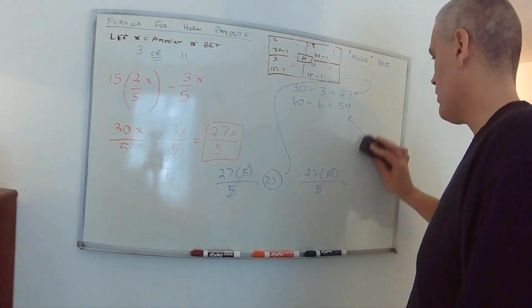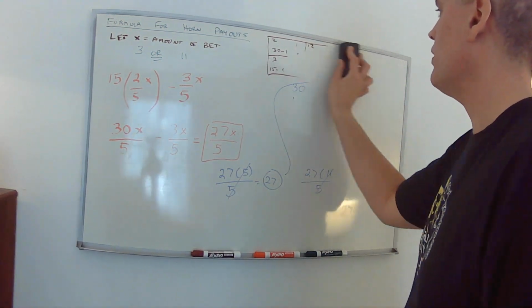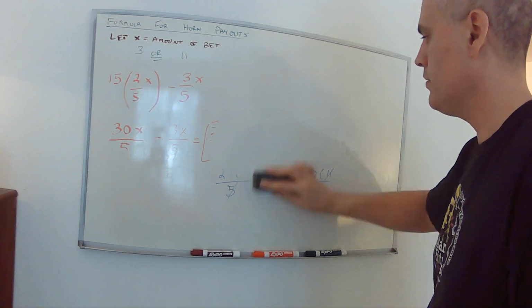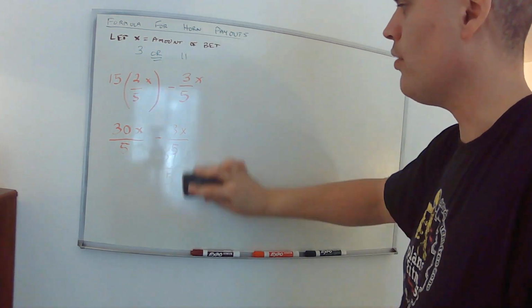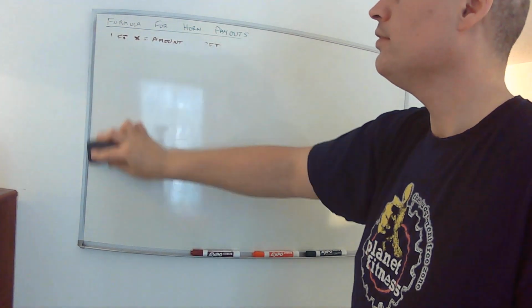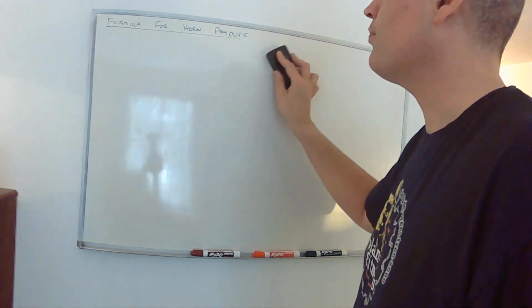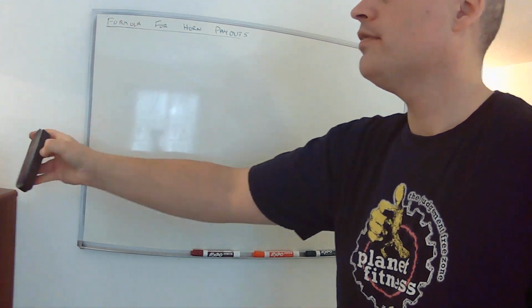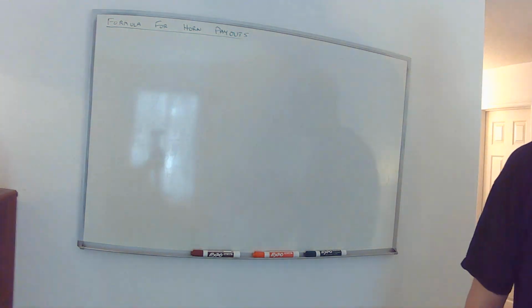So we'll just recap everything quickly here so you have it all, in case you want to make your Excel spreadsheets for the horn number payouts.